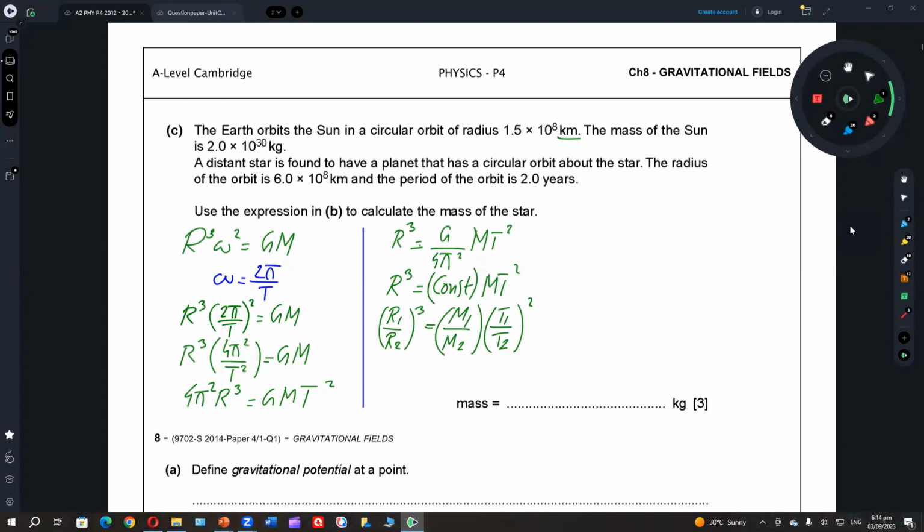I can use a ratio method, or I can use directly the formula. Now it's my choice. I need to find the mass of the star. Now you have to help me, what should I do next?